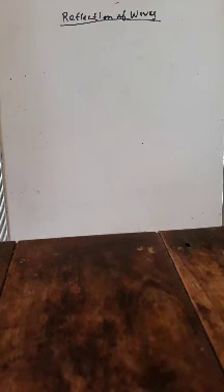We all know that the direction along which the energy of a wave is transferred is called a ray. Okay, this we already know. And this is represented by an arrow-headed straight line.